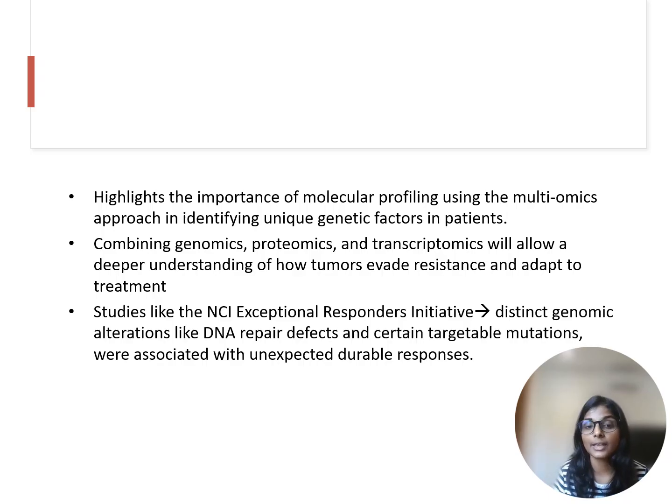So there are studies like the NCI Exceptional Responders Initiative, where distinct genomic alterations like DNA repair defects and certain targetable mutations were found, and it was associated with unexpectedly durable responses.